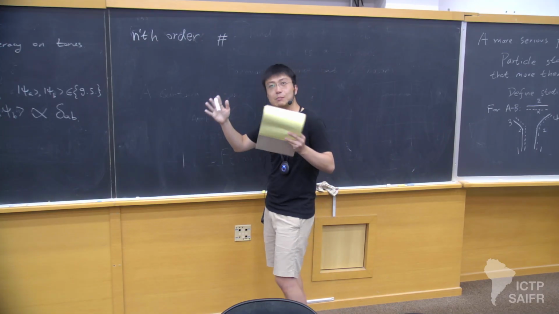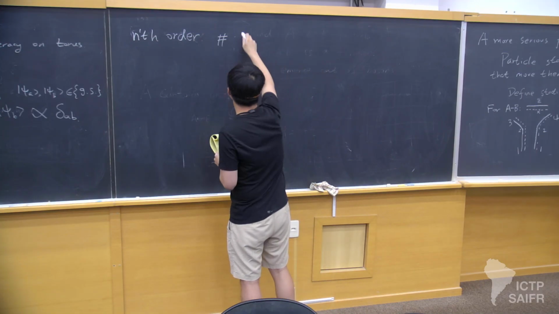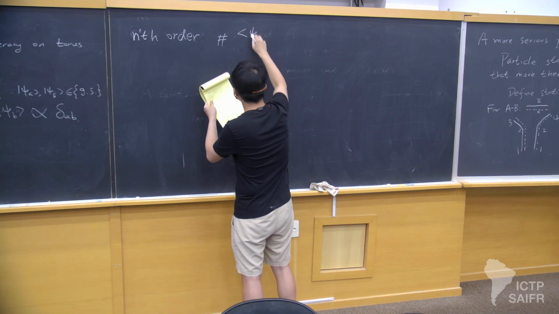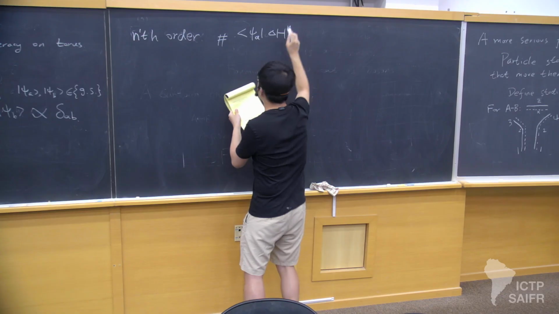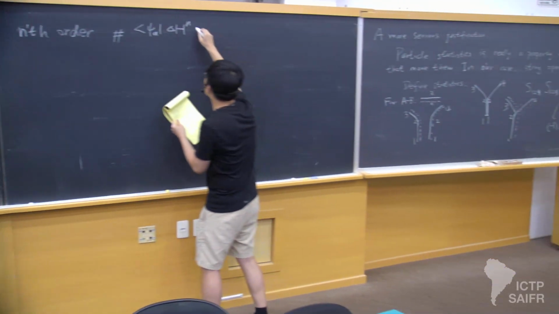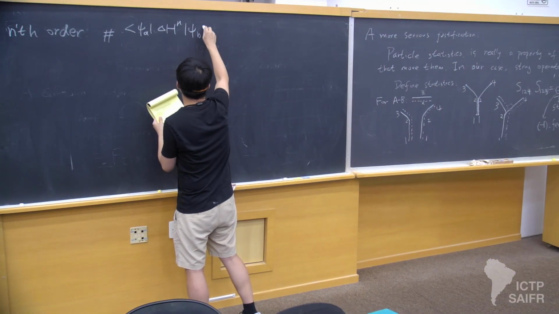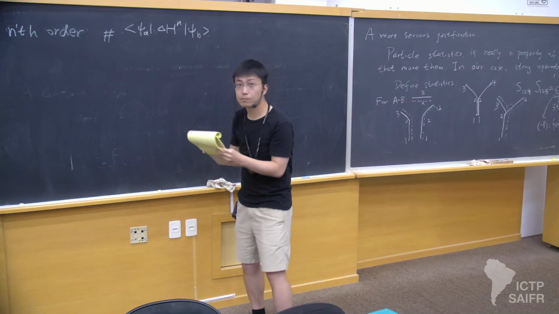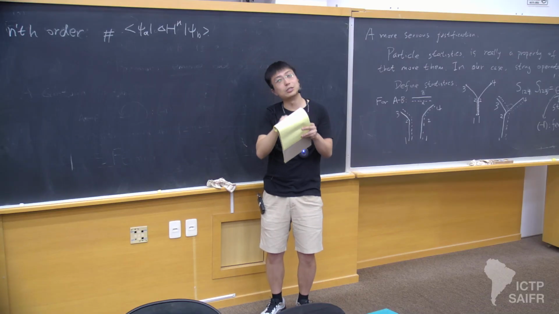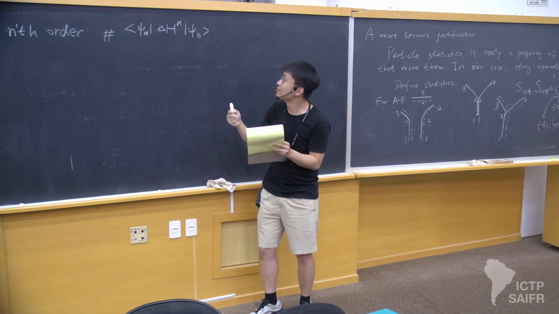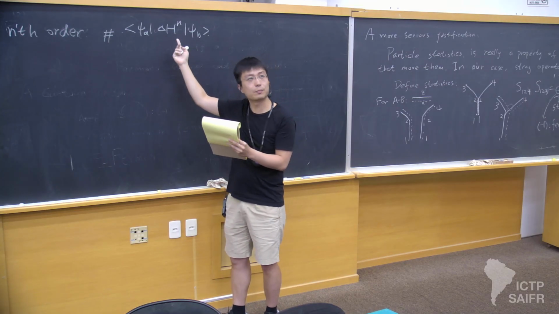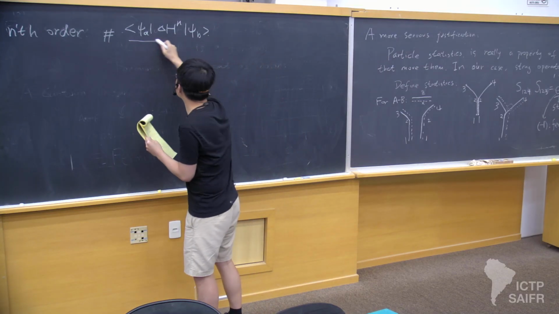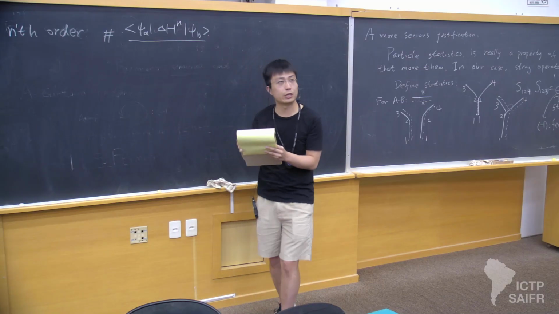Some number. And then to take the matrix element, you take delta H to the power n, between A and B. Okay, that's not really the end of the story because you see that the dimension doesn't work out well. This is energy to the nth power. So it comes with some denominators.